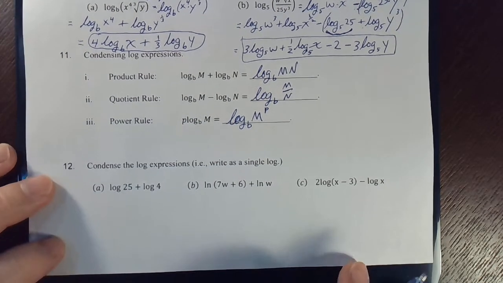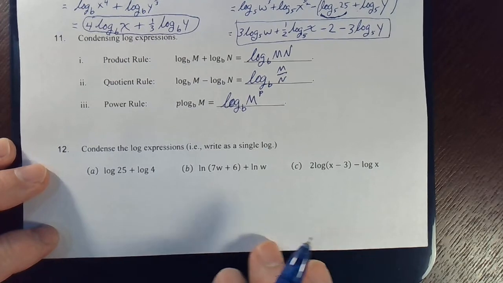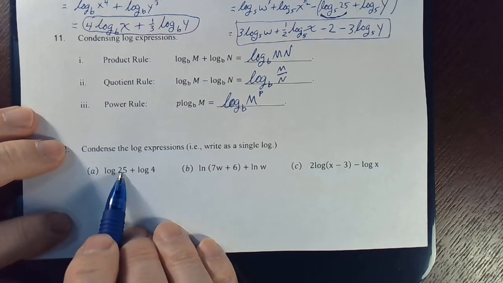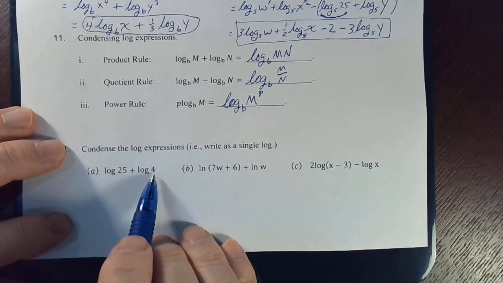All right, so we're asked here to condense each of these three log expressions, which means write them as a single log. So we're adding here, so log of m plus log of n is log of mn.